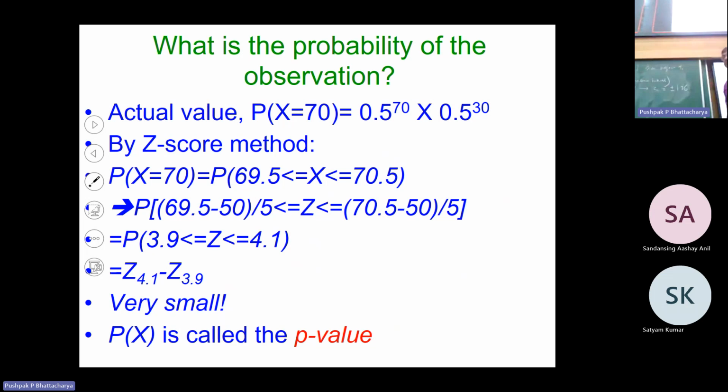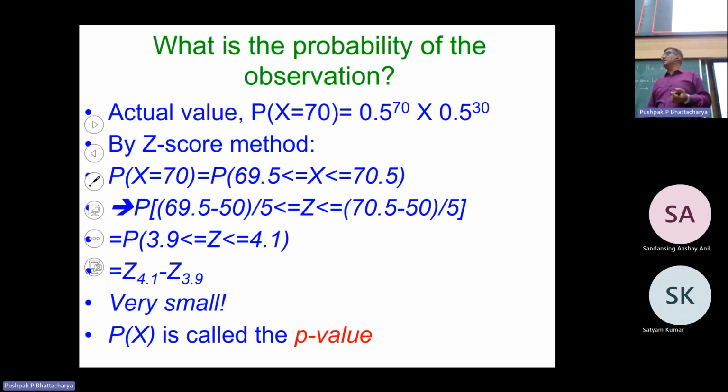So one thing we asked is, what is the probability of our observation? Okay, the probability of our observation is of very critical importance to us. The probability of our observation happens to be p to the power 70 into (1 minus p) to the power 30, or p to the power k into (1 minus p) to the power n minus k, right?